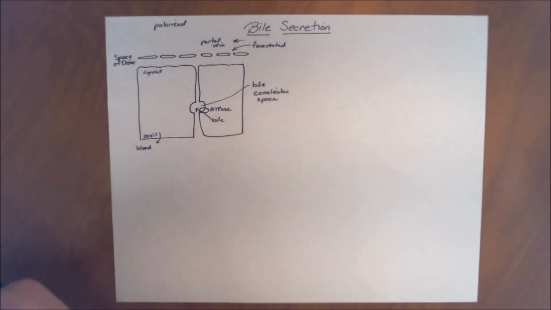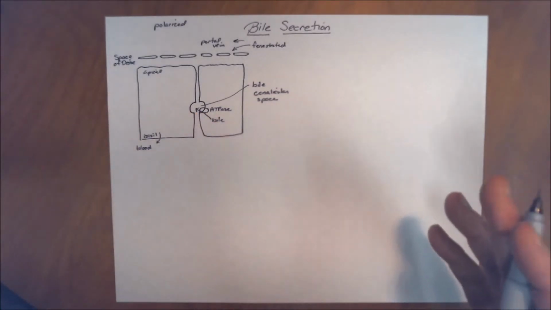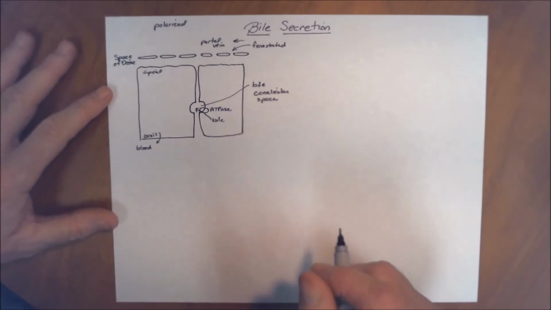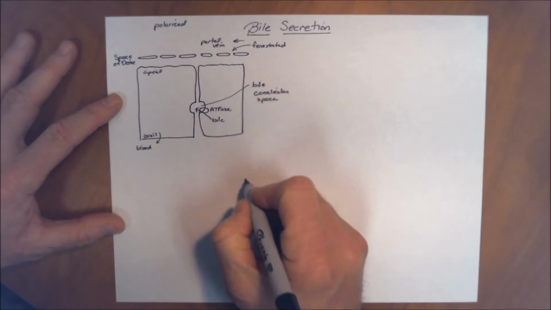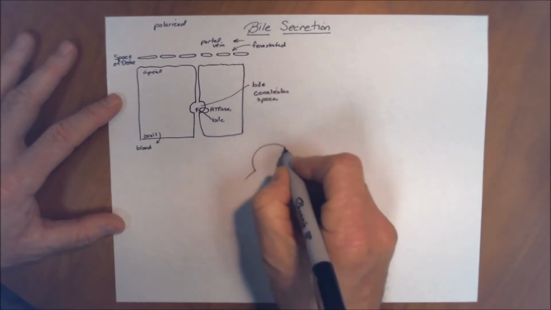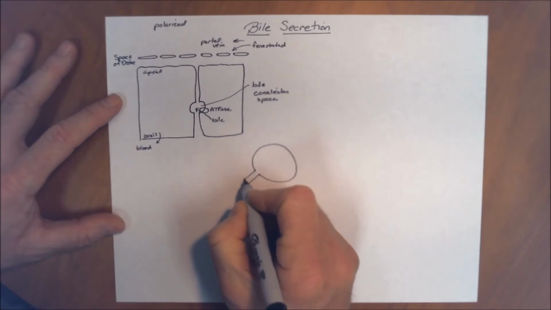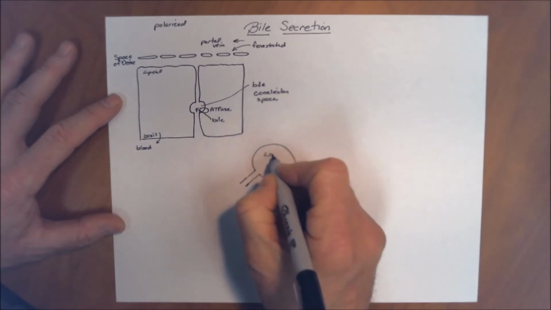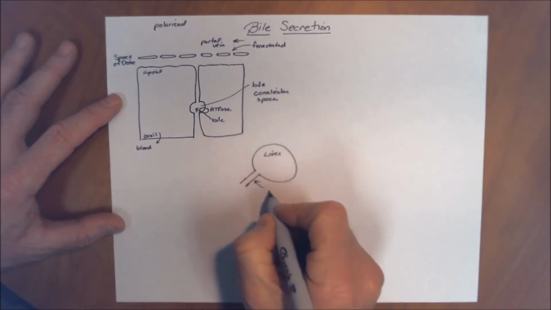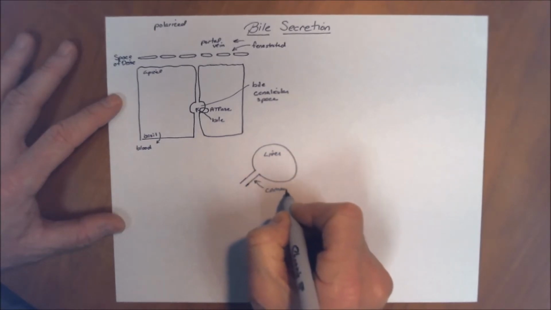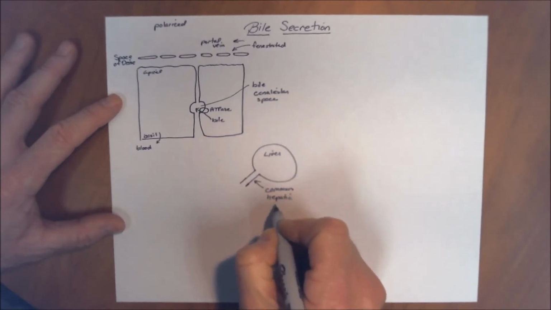Now, once we have that in there, we need to get this down to the gallbladder for storage. And the way to look at this is a very simple drawing. If this is the bile source, meaning the liver, this would be the common hepatic duct.